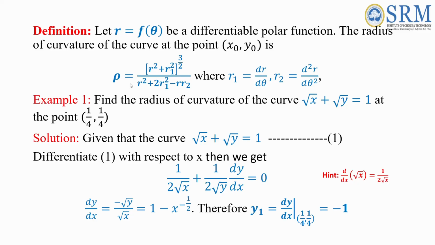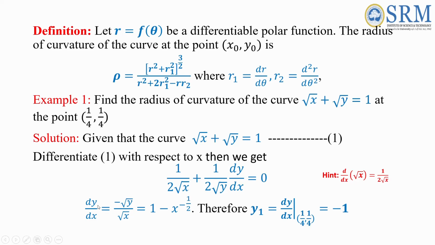First example, find the radius of curvature of the curve root x plus root y equal to 1 at the point 1 by 4, 1 by 4. Given that the curve is root x plus root y equal to 1, differentiate with respect to x. Then we get 1 by 2 root x plus 1 by 2 root y into dy by dx equals 0.